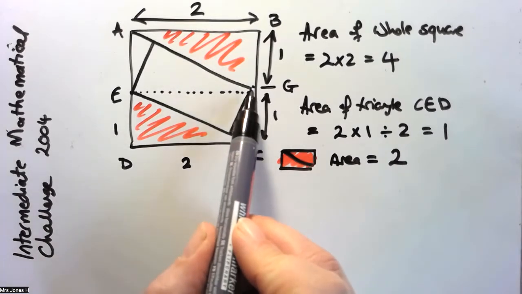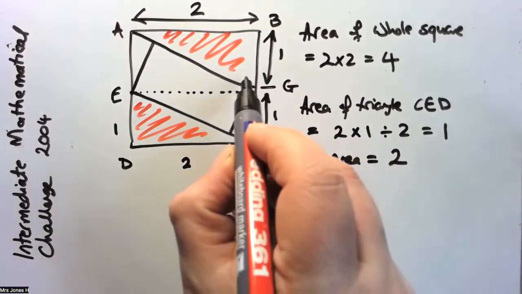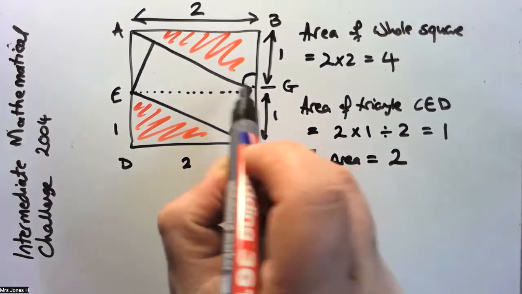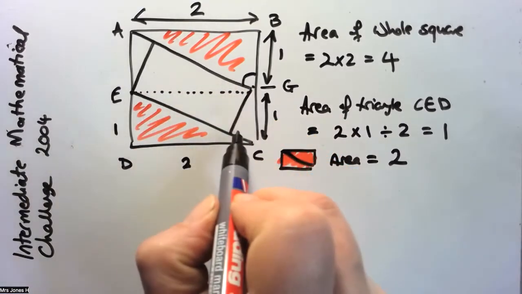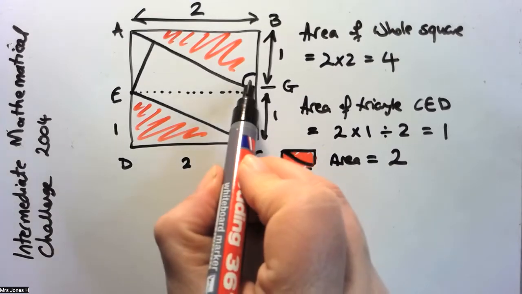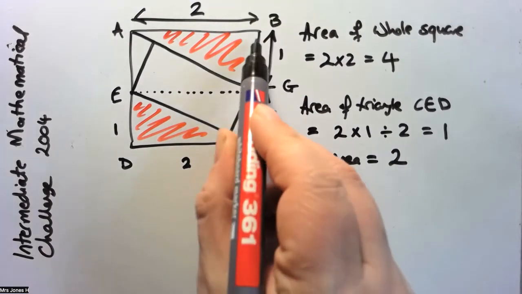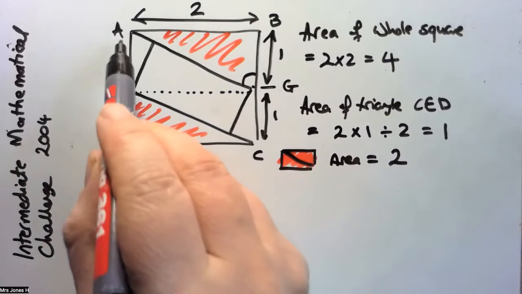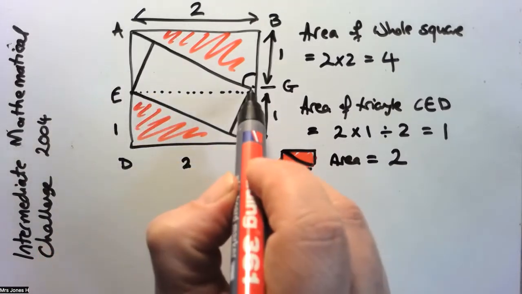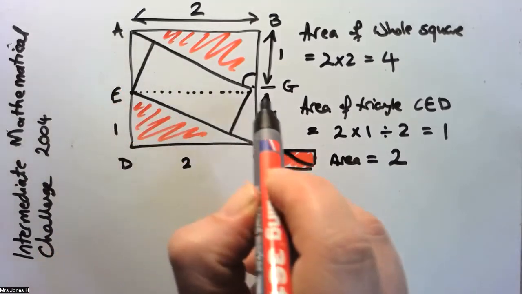Now, here, we've got an angle just here. These two are parallel lines, and also these two here are parallel lines. And what we've got is an angle that goes up here.